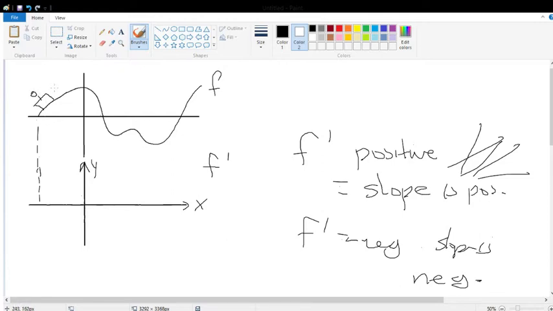Positive slope means you're rising up on the roller coaster. Negative slope means you're having your drop, right? That's the fun part. And then a zero slope, which means that f prime equals 0, that means slope is 0, and that means a flat slope, right?